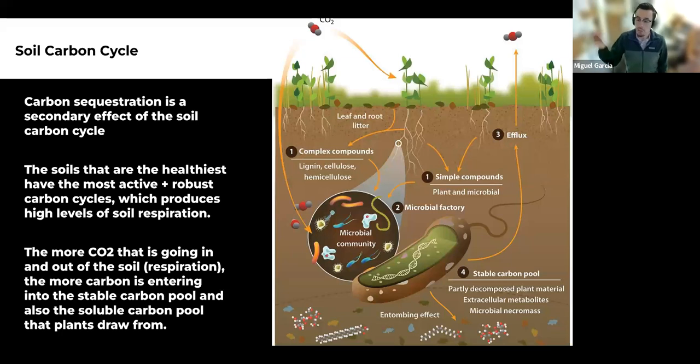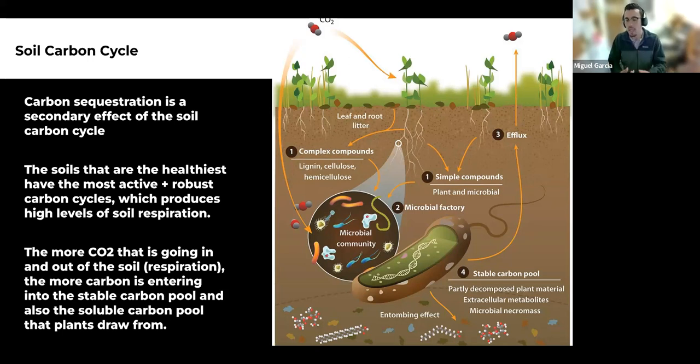So just to circle back, not pun intended, into the carbon cycle and the importance of it in agriculture. It is important to know that carbon sequestration is an effect of the carbon cycle. The carbon cycle is just constantly moving.